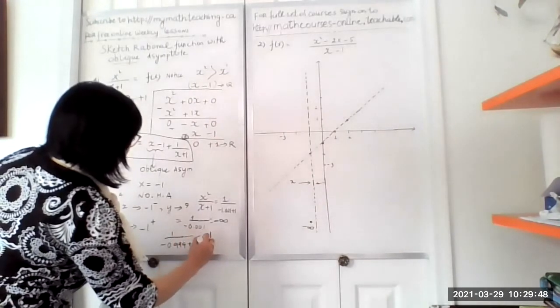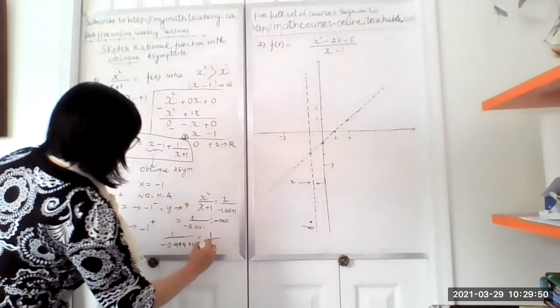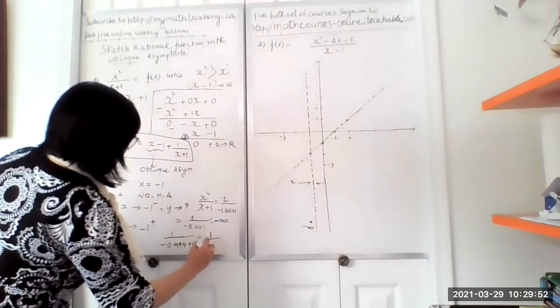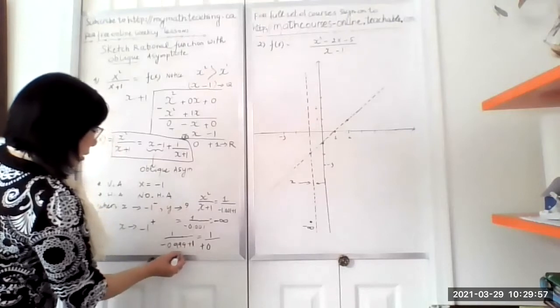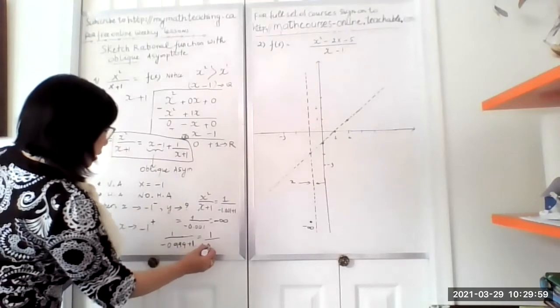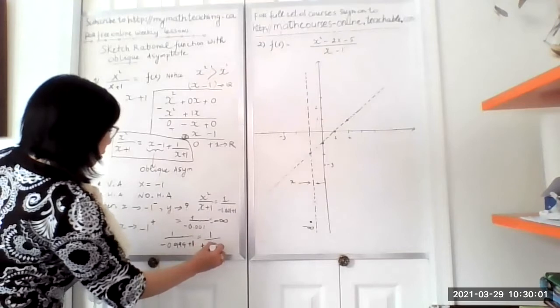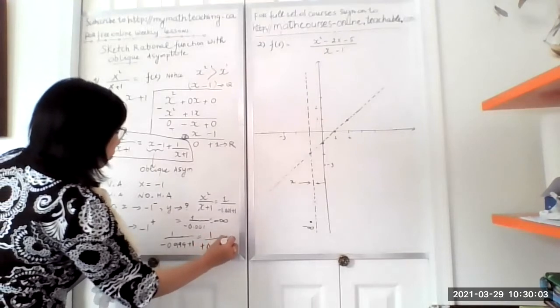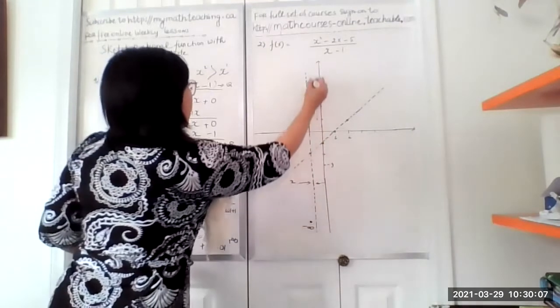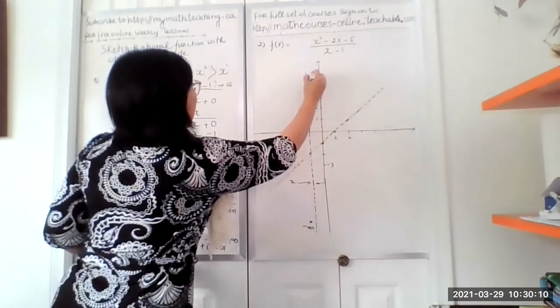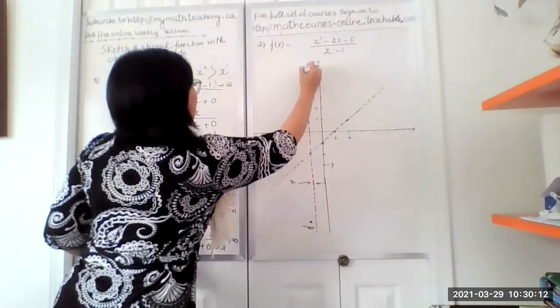So this will obviously give us, sorry, yes, plus, because this number wins over this number. So when you subtract, this gives us a positive number. So we know it will become positive infinity. So on this side, our function is supposed to go up here, where it's positive infinity.